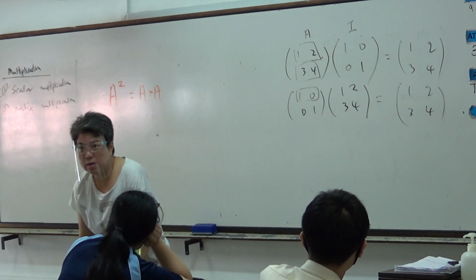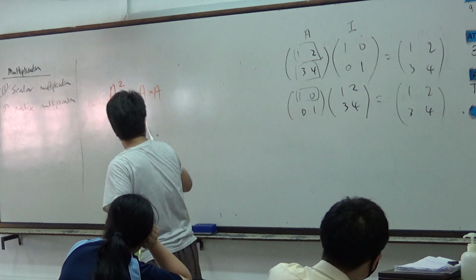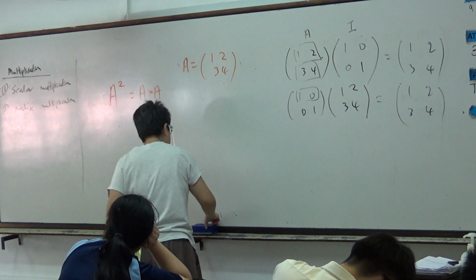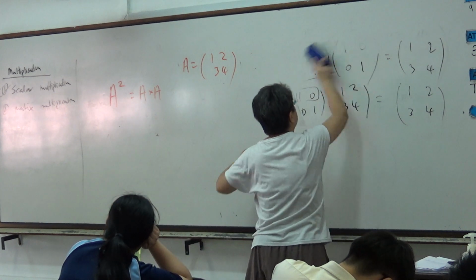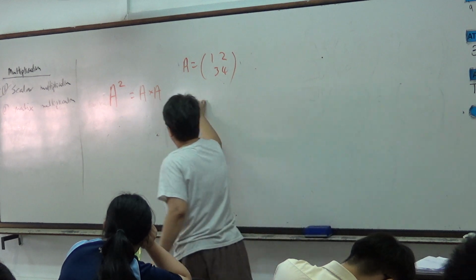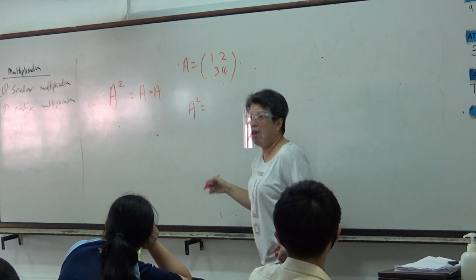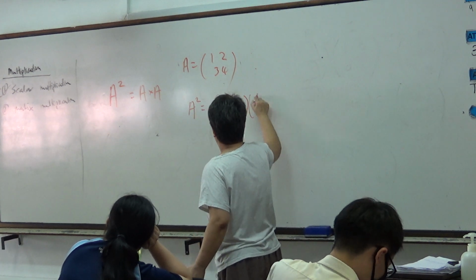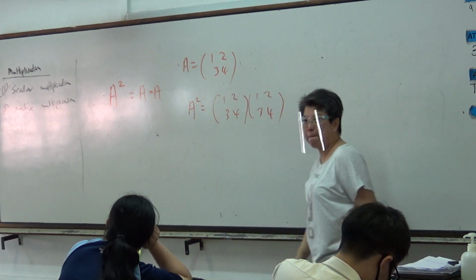You understand? This is a very common mistake. Okay, let's say I let A be 1, 2, 3, 4. What's the meaning of A squared? Whole class again. A times A. So, 1, 2, 3, 4. 1, 2, 3, 4. Correct?